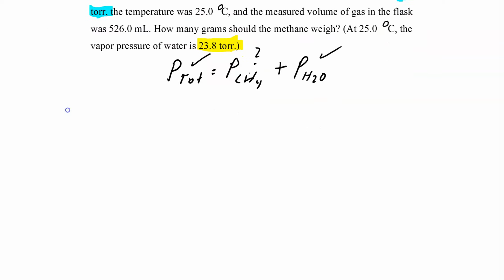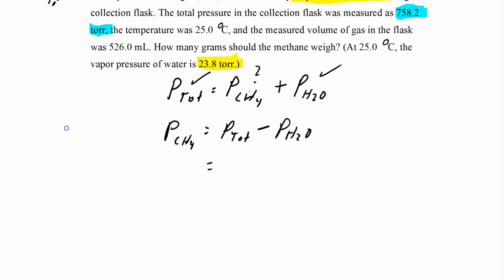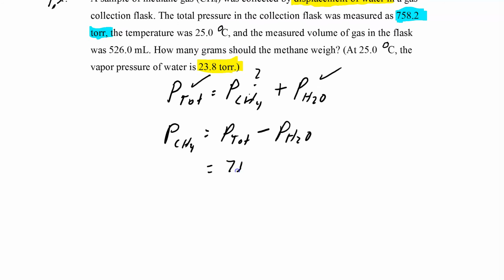So let's do our subtraction. Our pressure of methane is going to be equal to the total pressure minus the partial pressure of water. Our total pressure was given in the problem to be 758.2 torr.